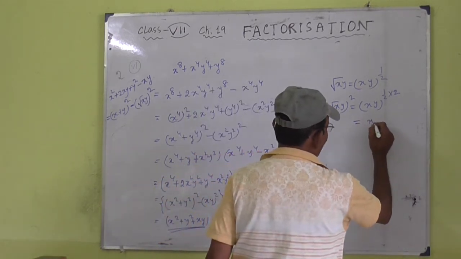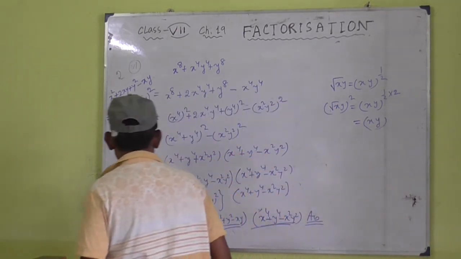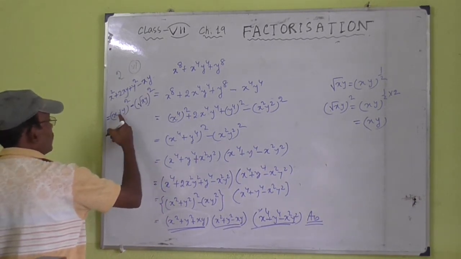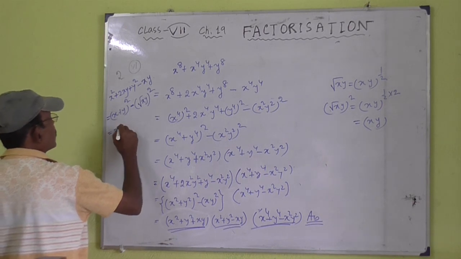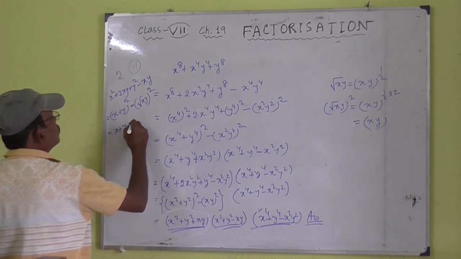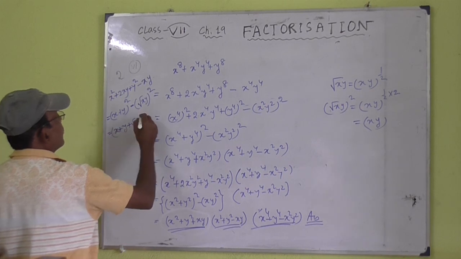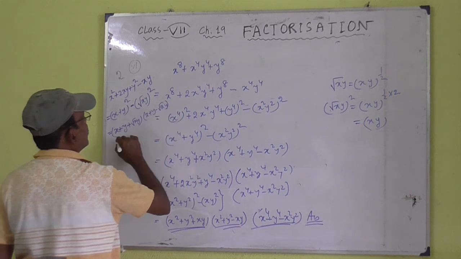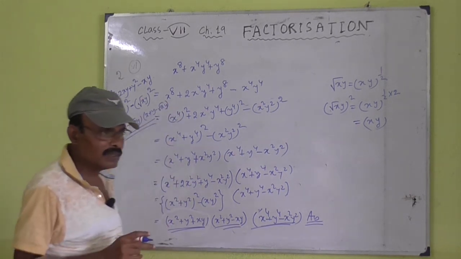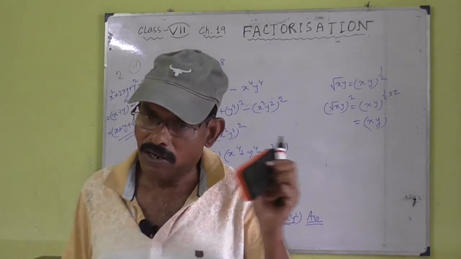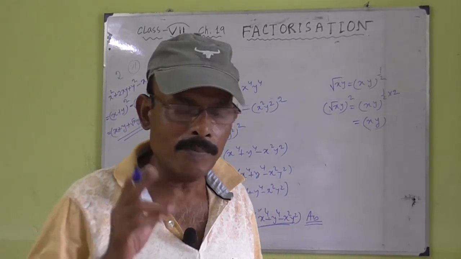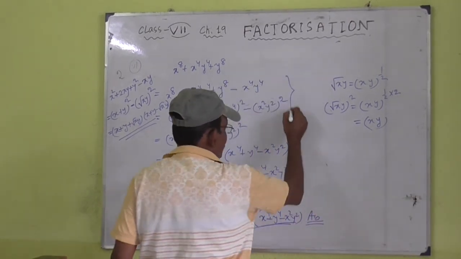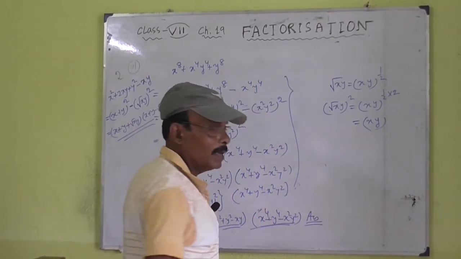So, it will be xy. So, this is the form of a square minus b square. So, it is x plus y plus root xy and x plus y minus root xy. But in this class 7, this step is not necessary. Okay, you must run this sum, and this sum is very, very important.